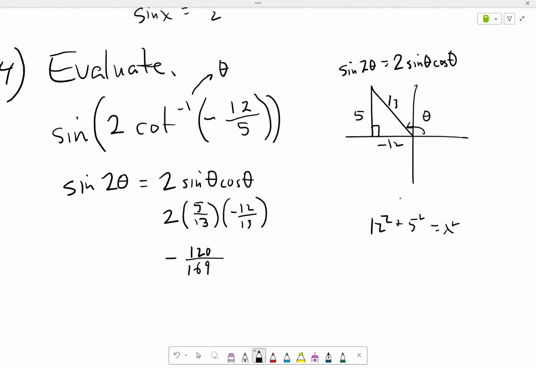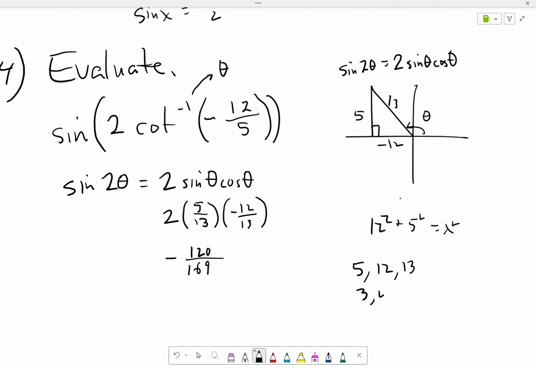Okay, so we have 5, 12, 13, also 3, 4, 5.